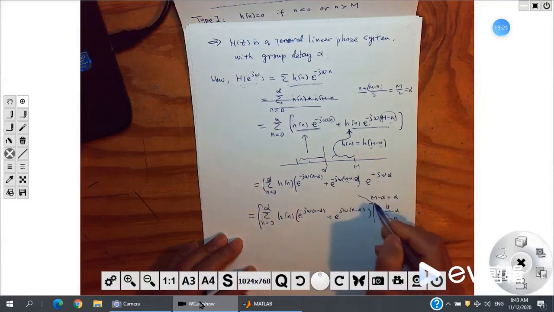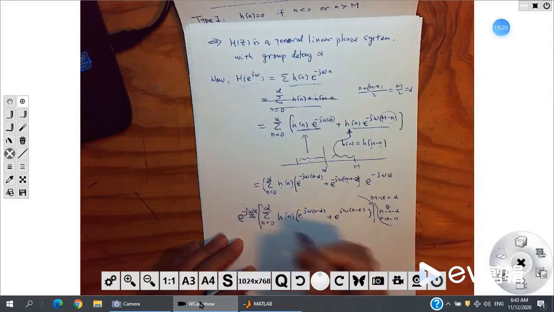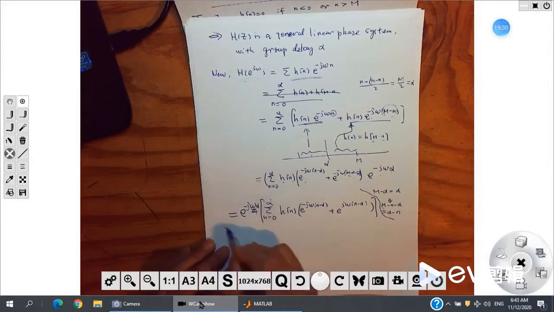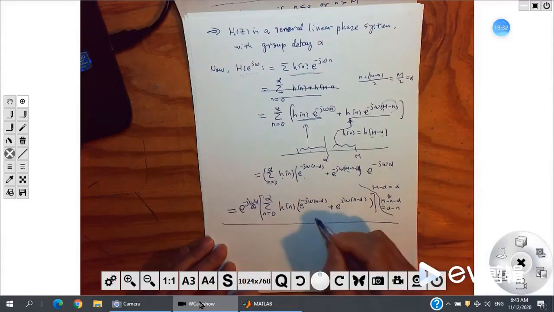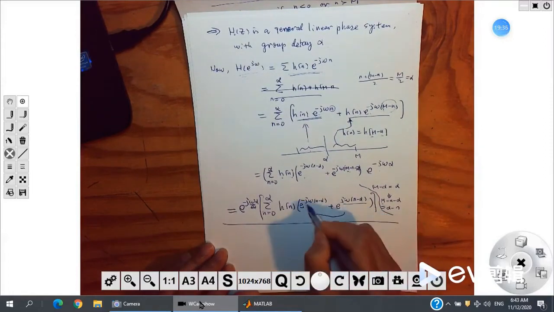Okay, and all of these times this one. Oh, I do not have space. I put it in front already. This is e to the negative j omega alpha equal to this. And this is what? You see the index, they just have differences. This is negative, this is positive.